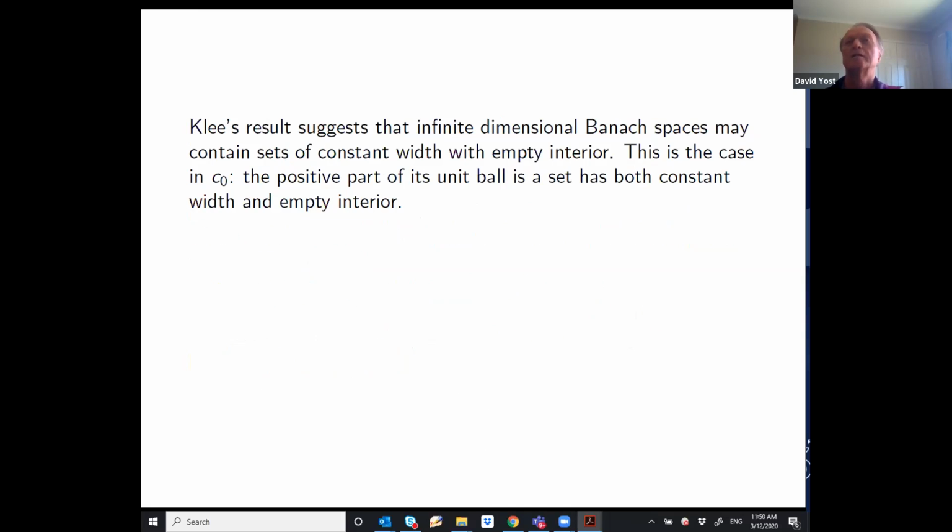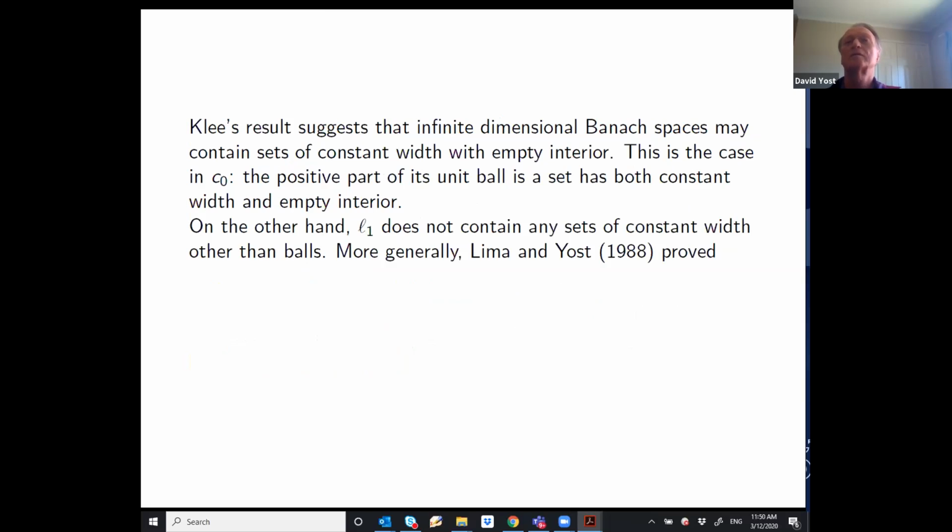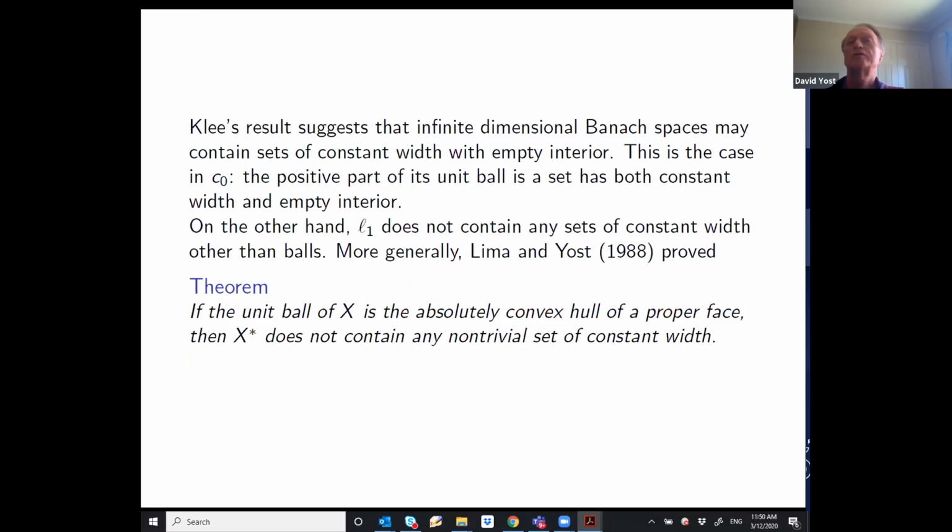So as I've said, this is not true in infinite dimensions. C0 gives you a natural example. The same is true in L1. In fact, L1 does not contain any sets of constant width which are not balls. More generally, if you've got a Banach space with a property that it has a face in its unit ball, and the convex hull of this face and the opposite face give you the entire unit ball, then the dual space contains no non-trivial set of constant width.